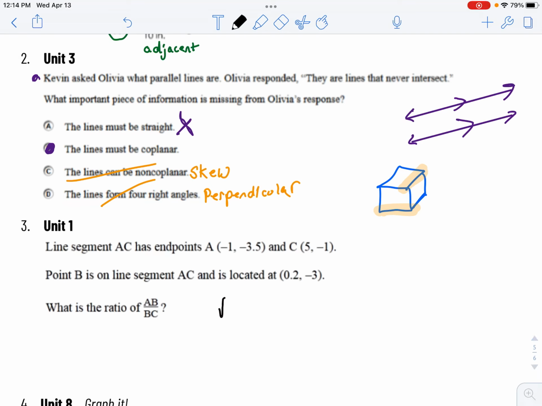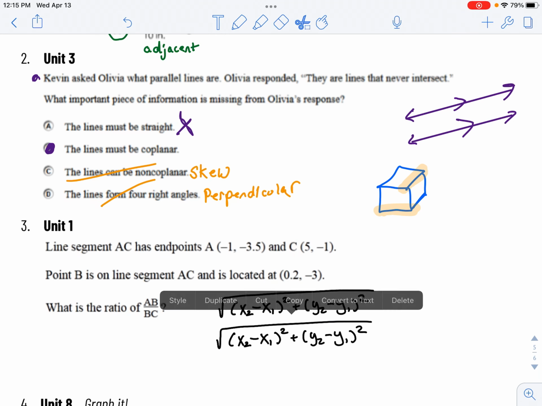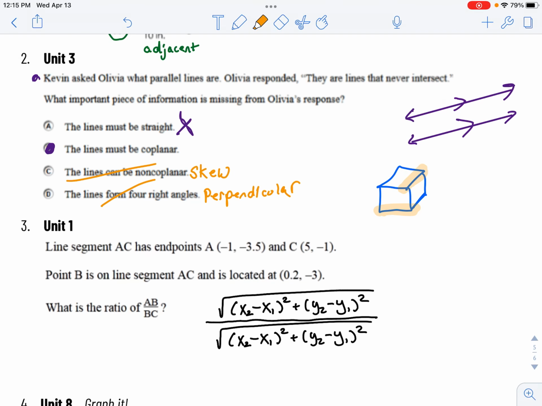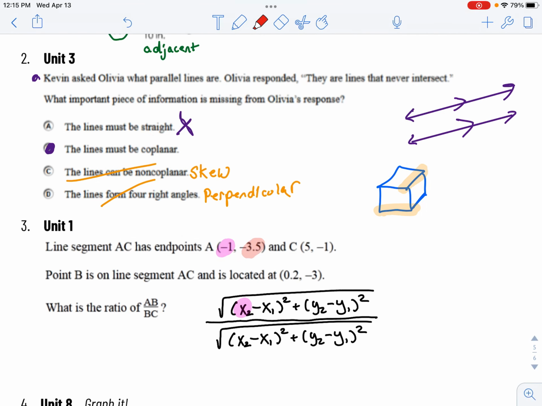Alright, AB, again, we're just going to do this. If this is the distance formula, then we can literally just find the distance of AB and then plug it in over that. Alright, and then we can just be careful, like say, alright, we need AB, so boom, boom.